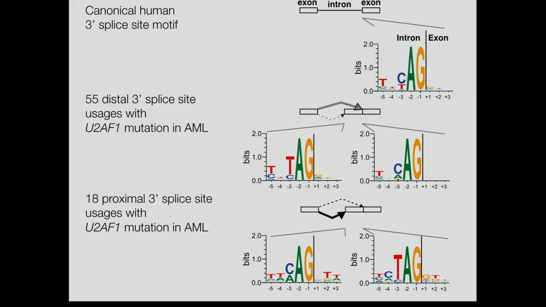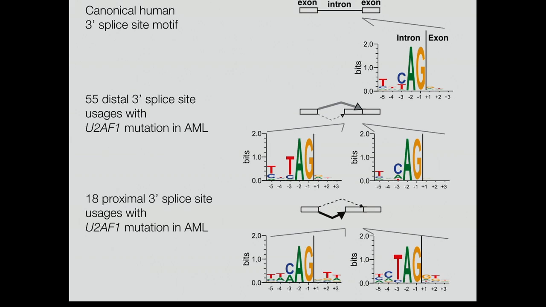SF3B1, totally different. You don't see any 3' splice site recognition alteration. What you're seeing, there's some debate, but essentially a differential branch point usage that corresponds to a different 3' splice site change. Did you try to model it in a way that, given the mutation, you can predict?